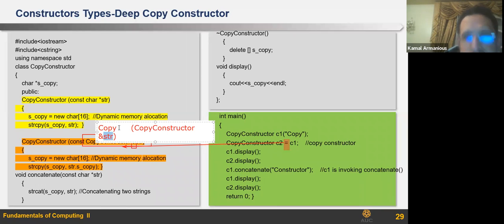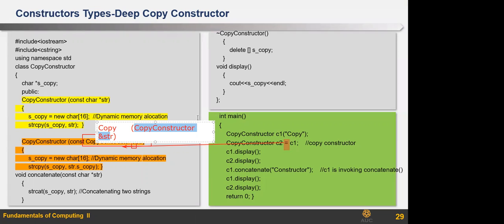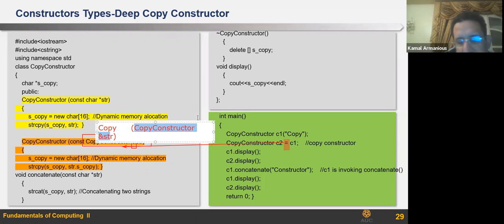I am passing an object to a function. So str is an object that belongs to a class called copy constructor. Doctor, why do you need const here? Ignore const here. It's another long story, it doesn't matter much here.